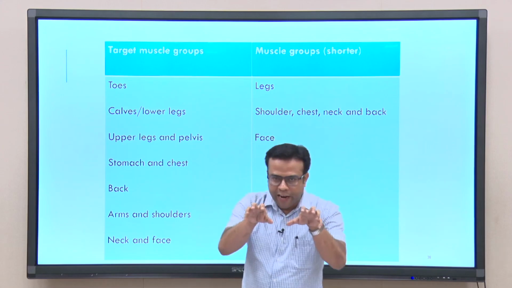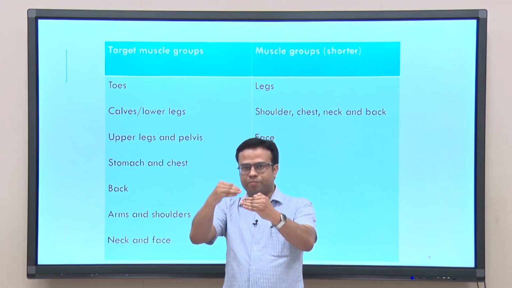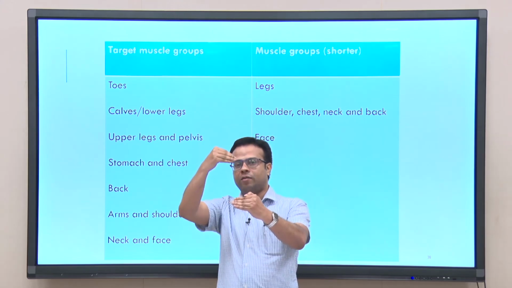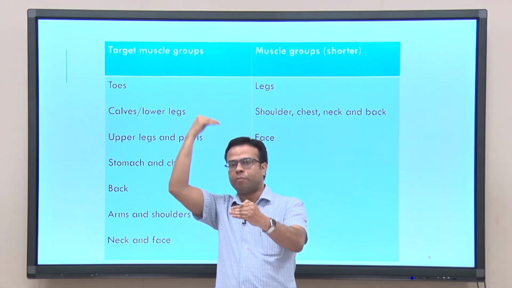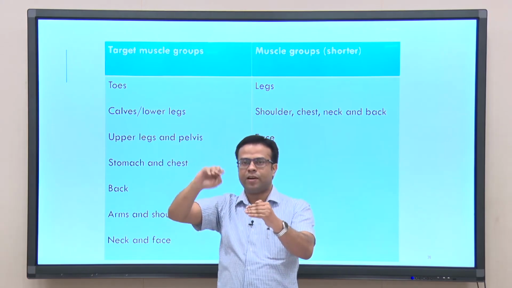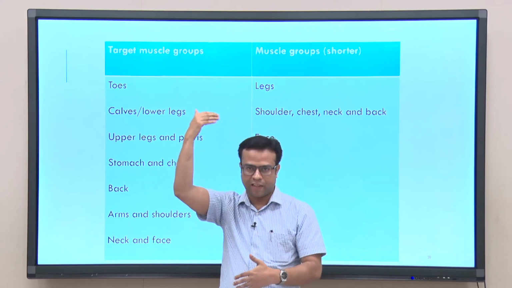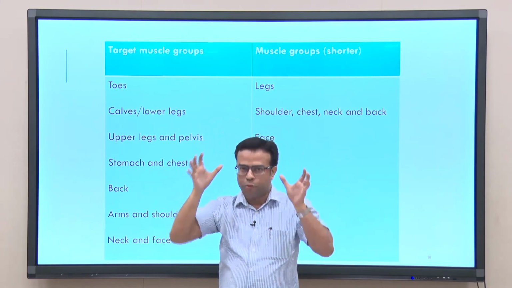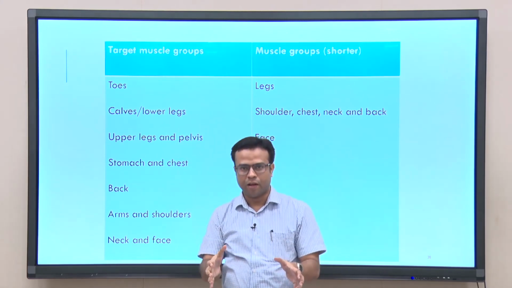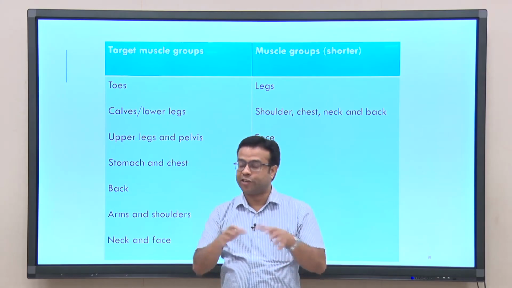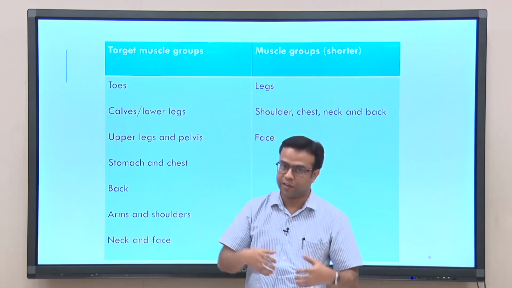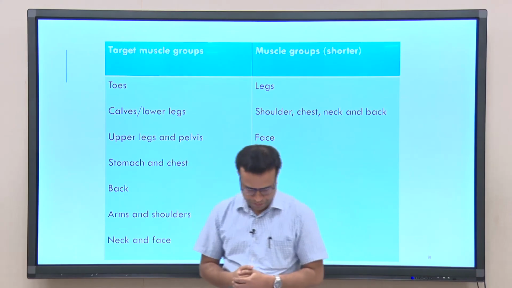You target one muscle group, then progressively move to the higher parts of the body one by one: tense, relax, tense, relax. You can move from feet to head like that. Your whole body will be fully relaxed, and you can experience relaxation at a very deep level, at the body level, at the physiological level also.